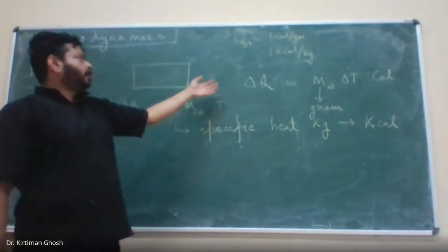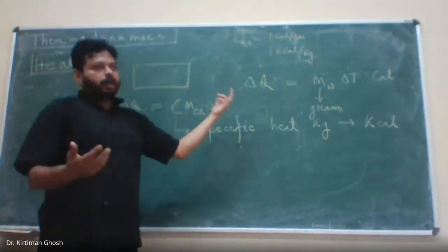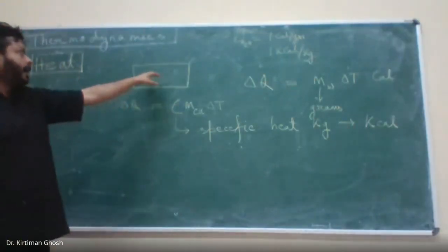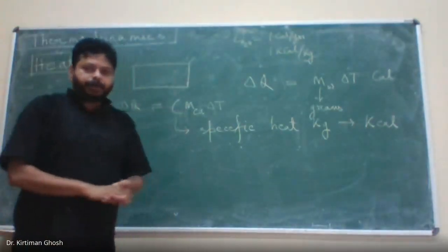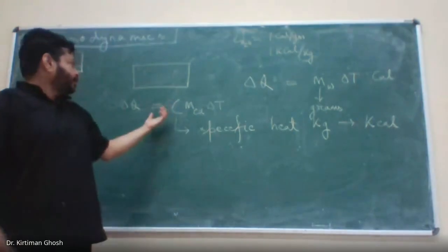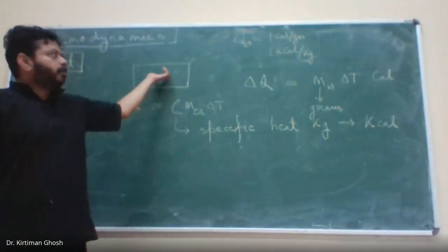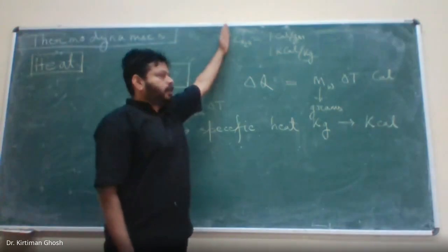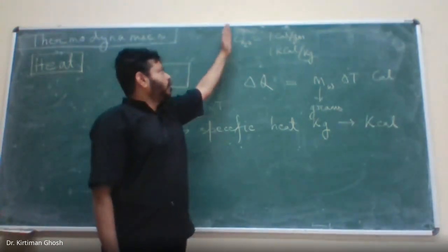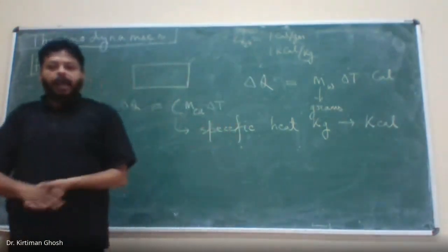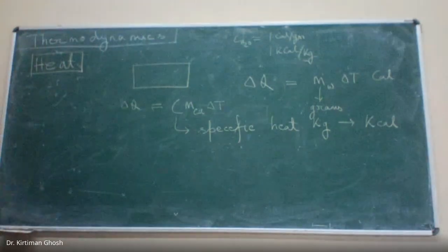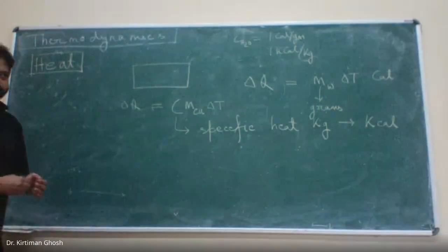I could take any arbitrary object instead of water. If I take the copper block as the defining object for heat, then the specific heat of copper will be 1 and water will be different. But the universally accepted convention is that the specific heat of water is this. Now you can try to find out the specific heats of other objects in this convention.